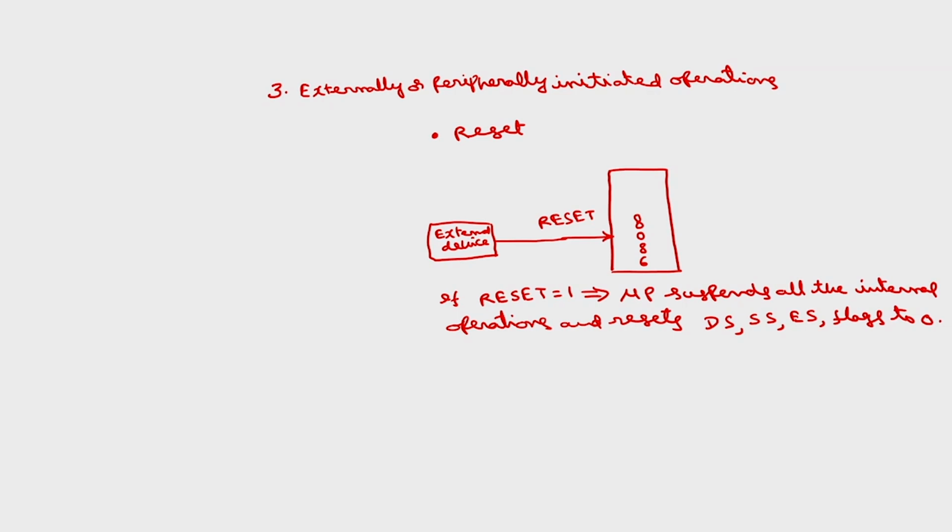All these registers will be reset, but the code segment will be set to FFFFH. If the external device releases the reset signal and reset becomes 0, the microprocessor fetches the instruction from which location?